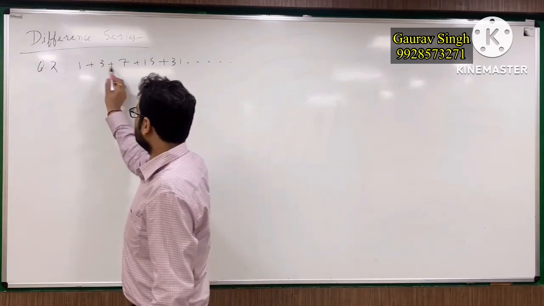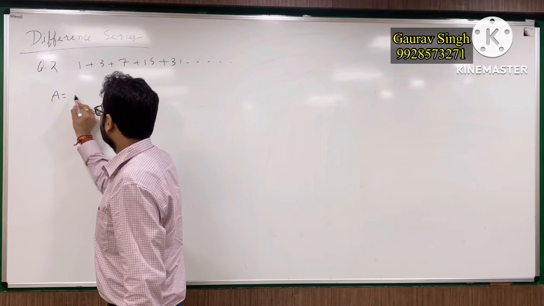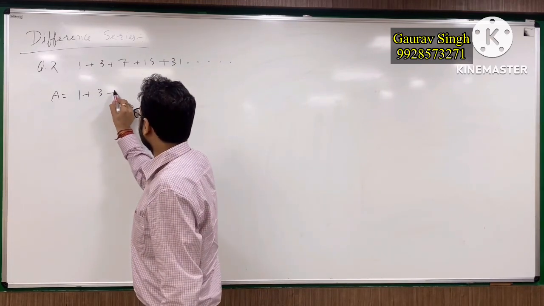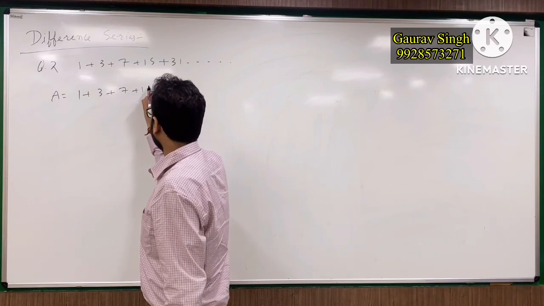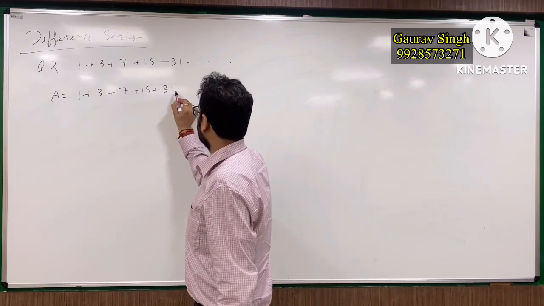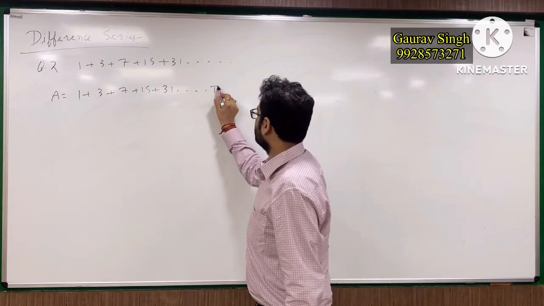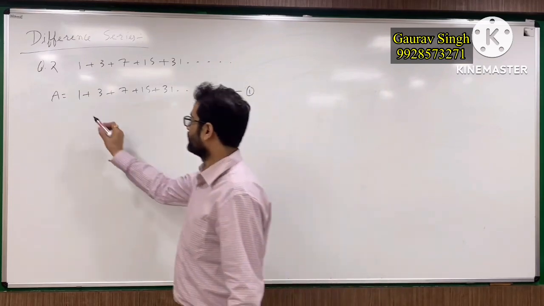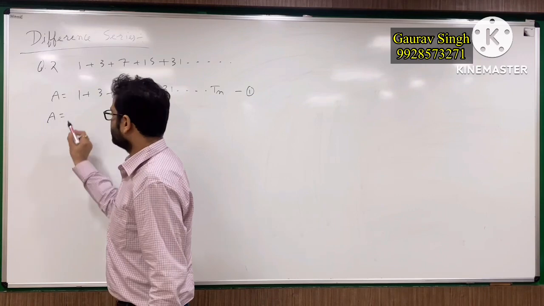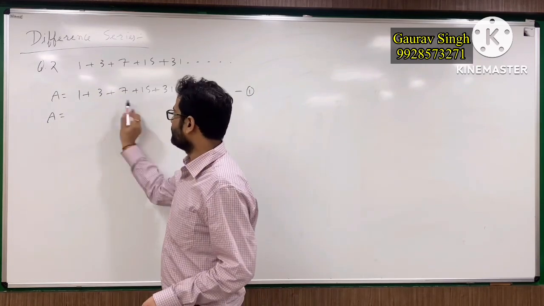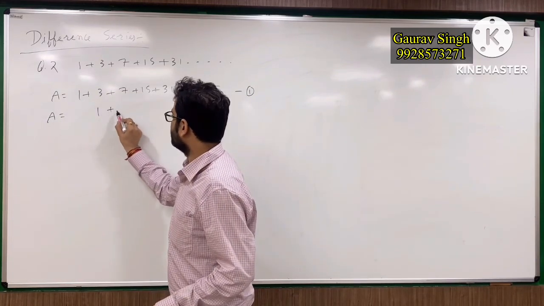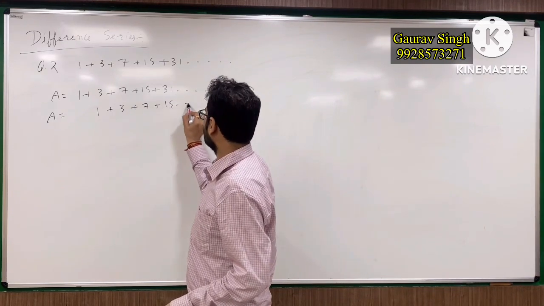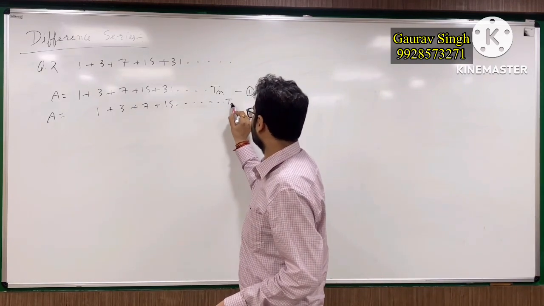Suppose the sum of these terms is capital A. Then A equal to 1 plus 3 plus 7 plus 15 plus 31 and at the end term Tn. Then we rewrite the equation and shift by one term: 1 plus 3 plus 7 plus 15 and so on, the end term shifted.